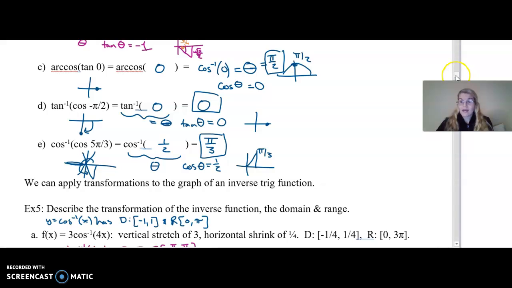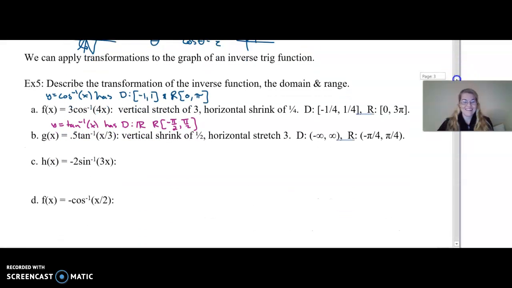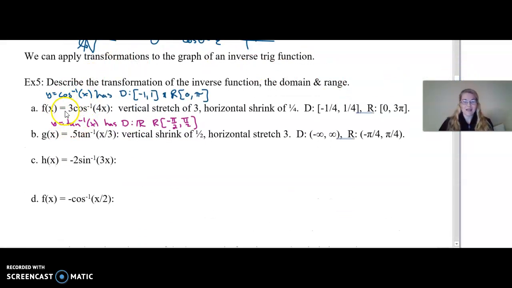So now we have not even graphed all of our inverse functions yet, but we're going to apply some transformations to them. So what do we know? Cosine inverse has a domain of -1 to 1 because that's the range of cosine. And it has a range of 0 to pi because that's what we're restricting the domain of cosine to be. So using just this much, what happens when I have 3 times cosine inverse of 4x?